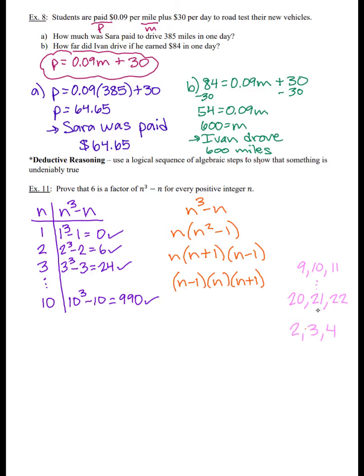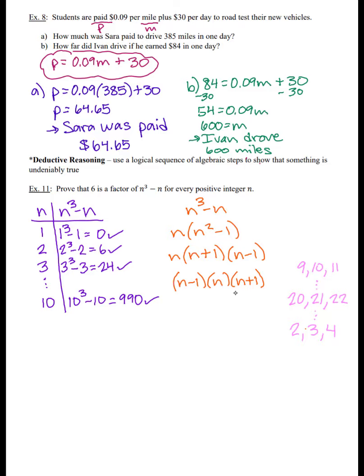And if I'm looking for patterns from one set to the next, I know because I'm talking about consecutive numbers, I'm either going to have two odd numbers with an even in between or two evens with an odd in between. But regardless, there's going to be at least one number that's even. That means for these three factors, at least one of them is divisible by 2.